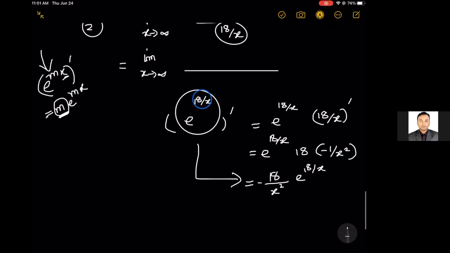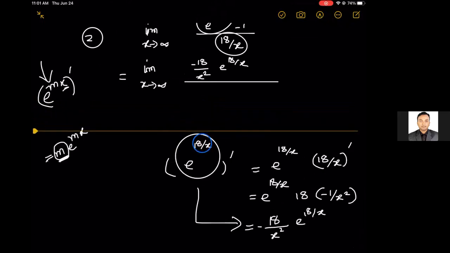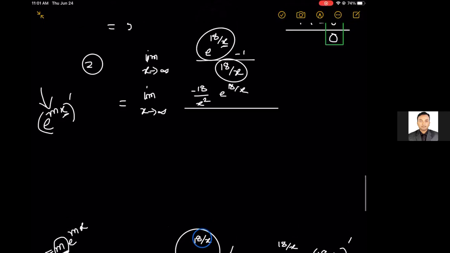So now we can replace it here. Negative 18 over x squared e to the 18 over x. And let me keep it downwards, okay? And for the denominator, for 18 over x, we know the derivative would be 18 over x squared, right?